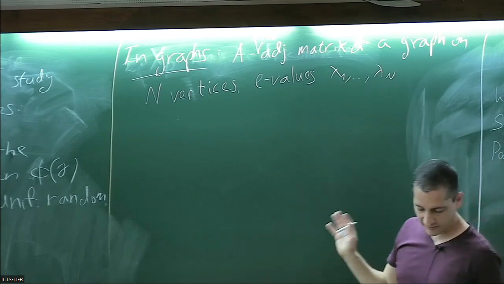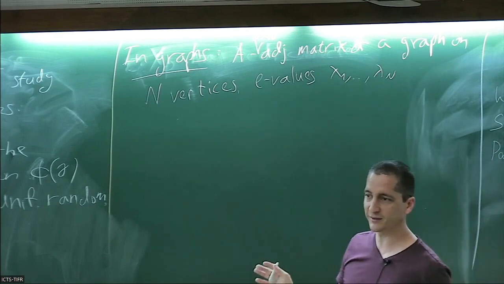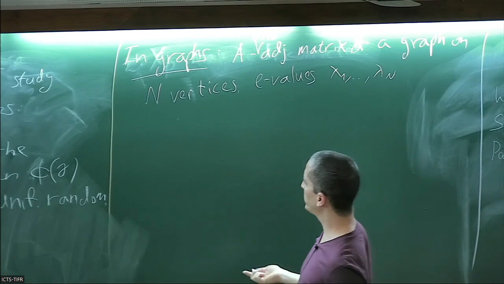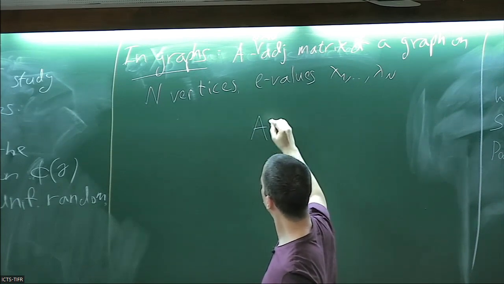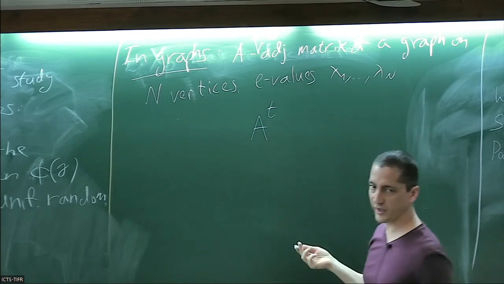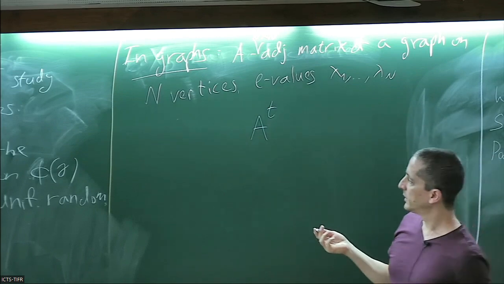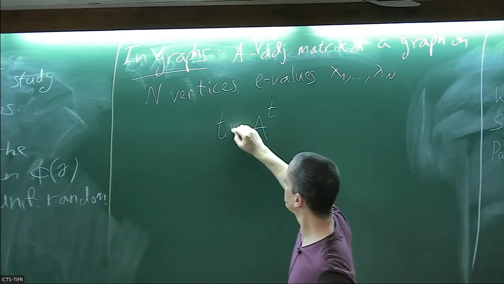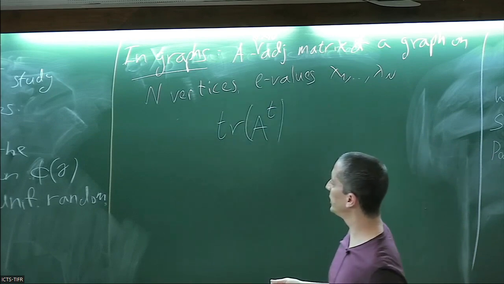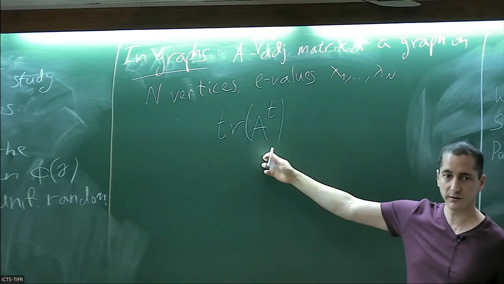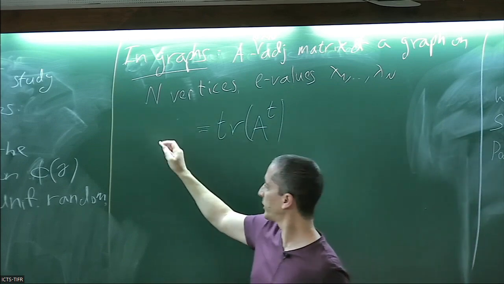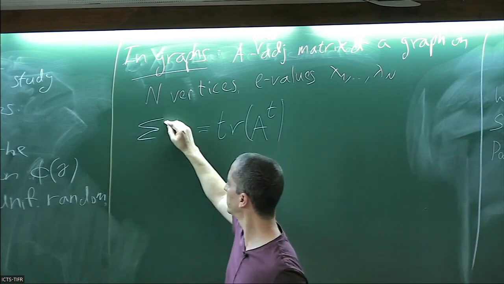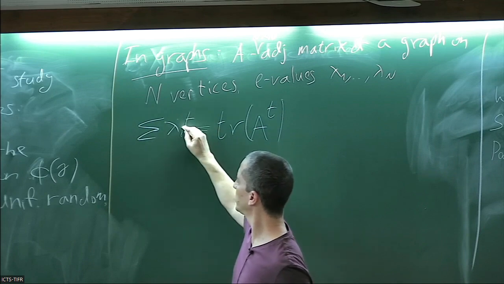There is a very basic, elementary formula which tells you that if you look at the t-th power of A and take its trace, then in terms of the eigenvalues it is the sum of all eigenvalues to the t on the one hand.